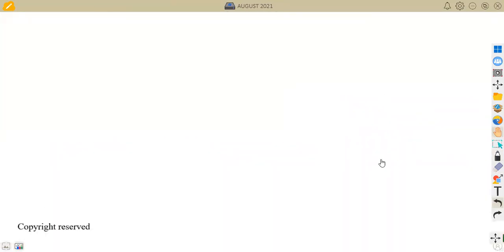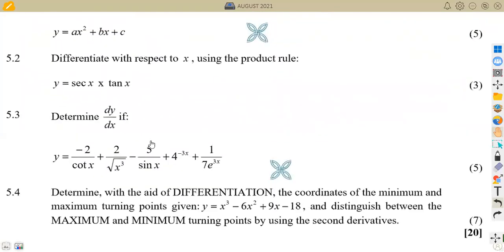All right, so I can even write it aside here, guys, rather than writing it down there. Let's just write it here. So that's 5.2. We are given that y is equivalent to sec x multiplied by tan x. All right, product rule. So how do we apply our product rule, guys?